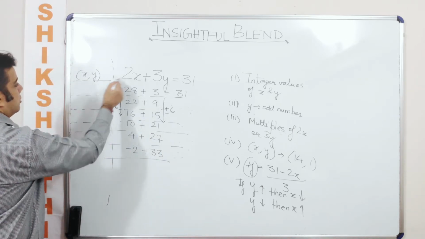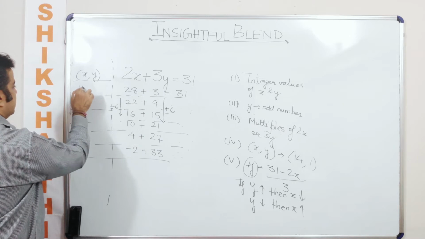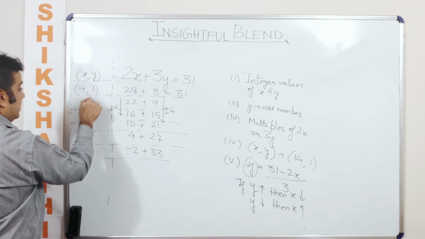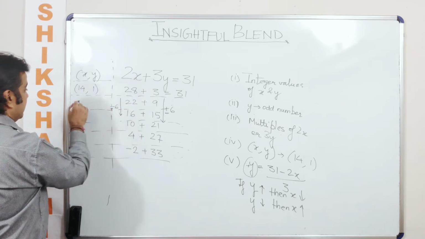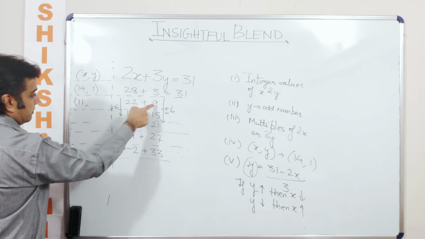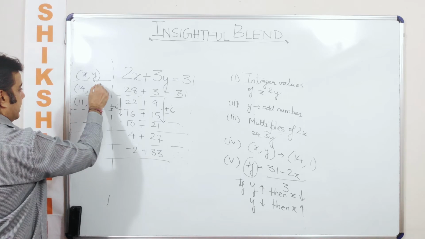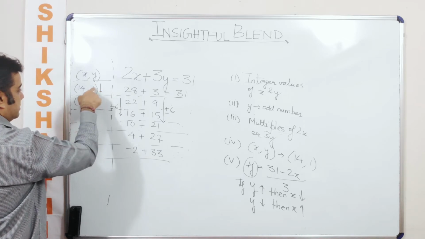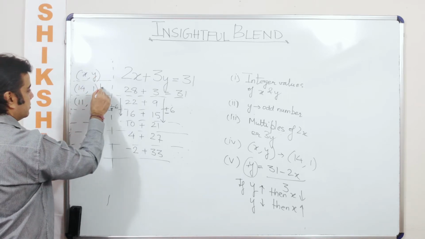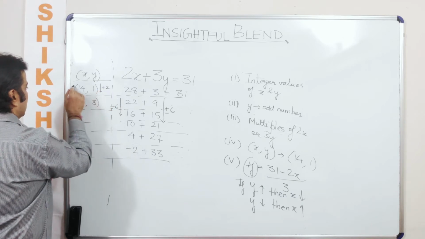So now what is the value of x here? 14. So I'll say 14 comma 1. What is the next value of x that I'm getting from here? 11. What is the next value of y that I'm getting from here? 3. So you will see that now this is increasing. Y is increasing by how much? 2. And at the same time the x is decreasing by 3.